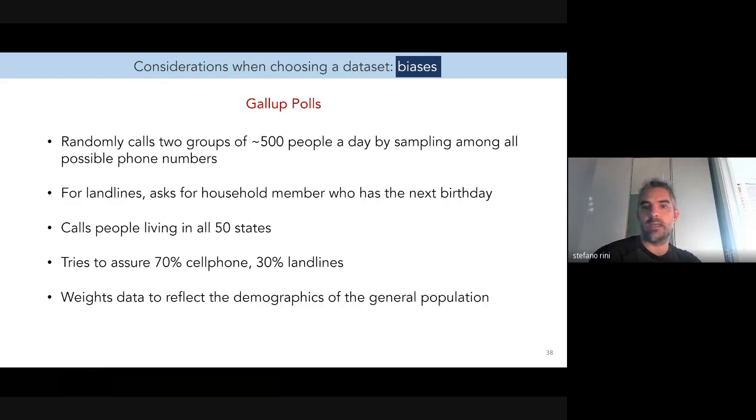So, for example, classically, most people that answer these polls are older people. There are very few people that answer phone calls these days. Most people that have time to answer maybe are of a certain ethnicity. There are fewer ethnicities that are willing to answer a phone call from an unknown number.